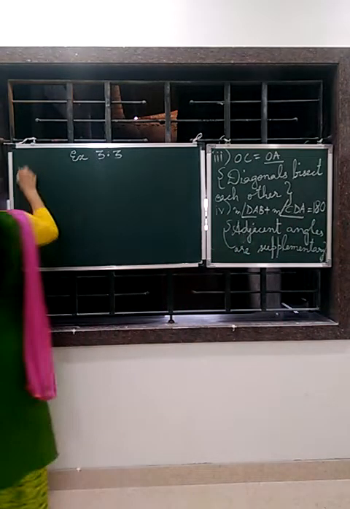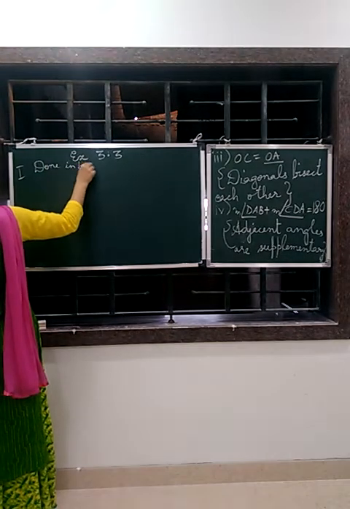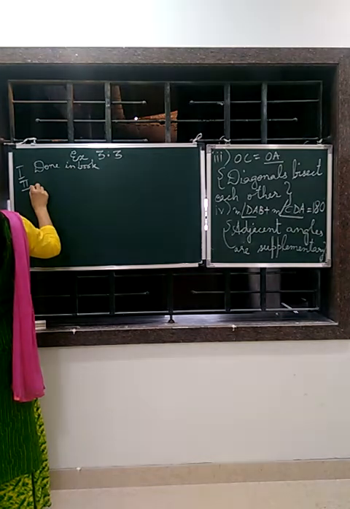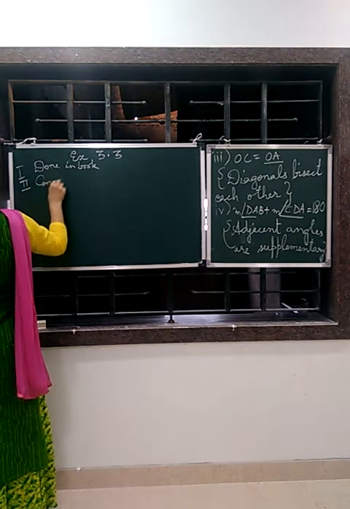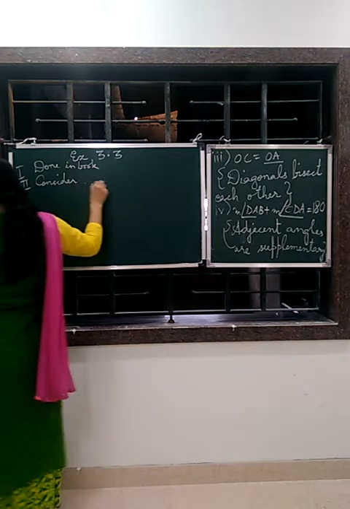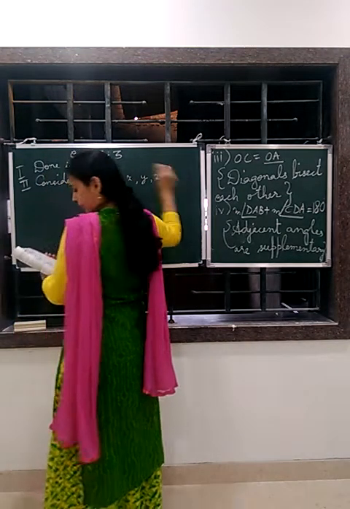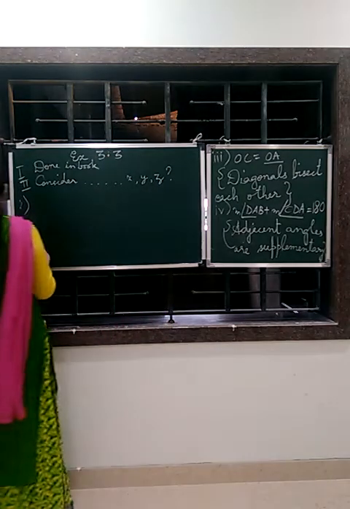Please write it in your copy. The first one will be done in the book. The second we are starting now. So we have to find the value of x, y and z. The first one. We'll make the diagram.